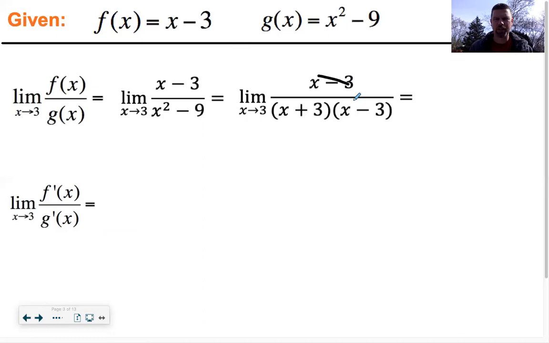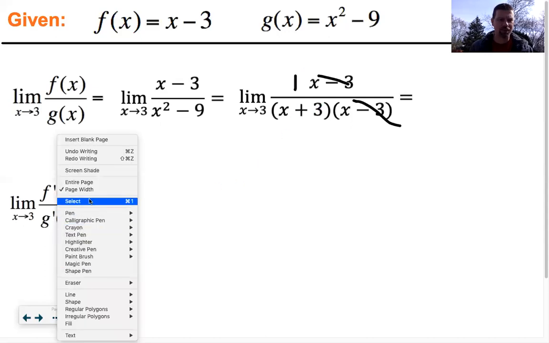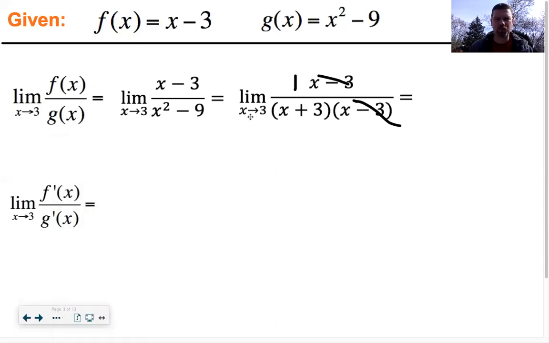And so then you really end up with the limit as x goes towards 3 of 1 over x plus 3, but that you can use substitution for. You can substitute that 3 in there, and you'll end up with 1 over 3 plus 3, which is 6. That limit's 1 over 6. So we can find that indeterminate form limit.